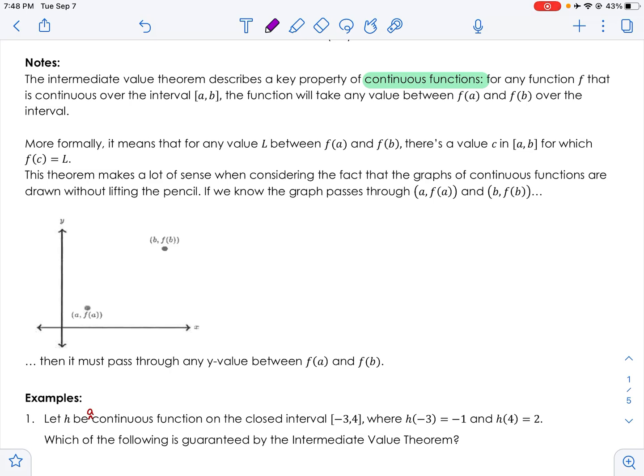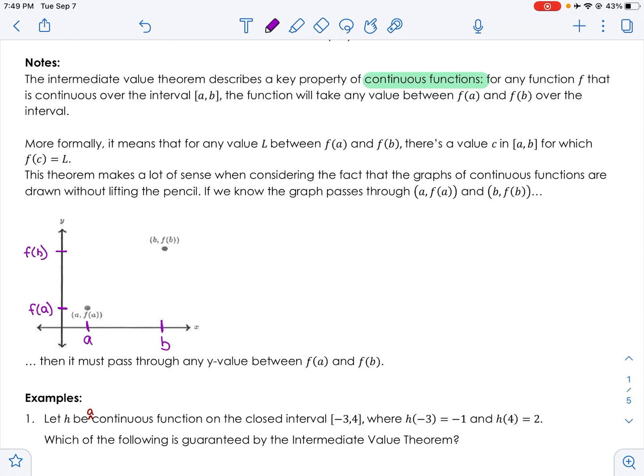More formally, it means that for any value of L between f of a and f of b, there's a value c that's in between a and b, for which f of c equals L. So again, what it's saying is if this is my a and this is my b, then this over here is f of a, and this up here is f of b.